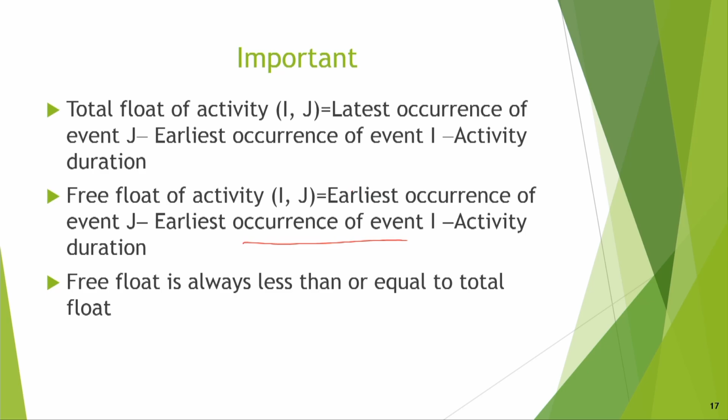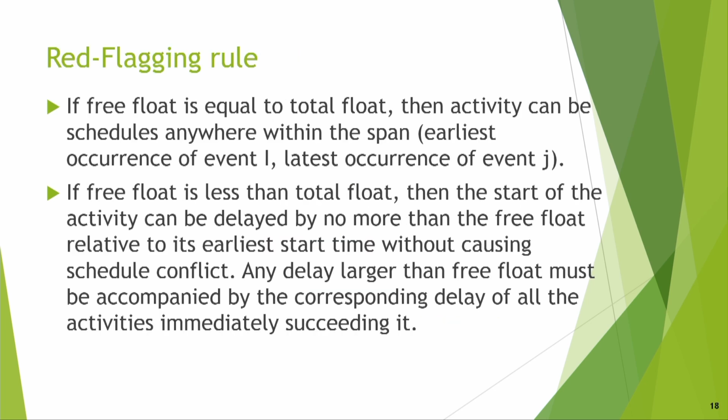So instead of latest occurrence, you have to use earliest occurrence of event J. If the earliest occurrence and latest occurrence are the same time, then no problem. Therefore, free float is always less than or equal to total float.